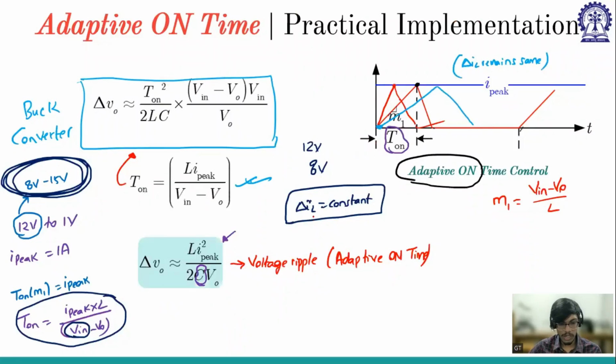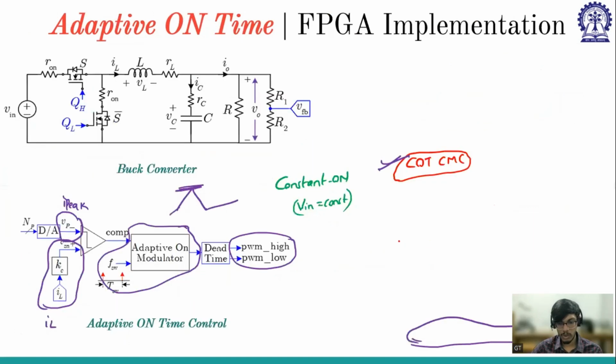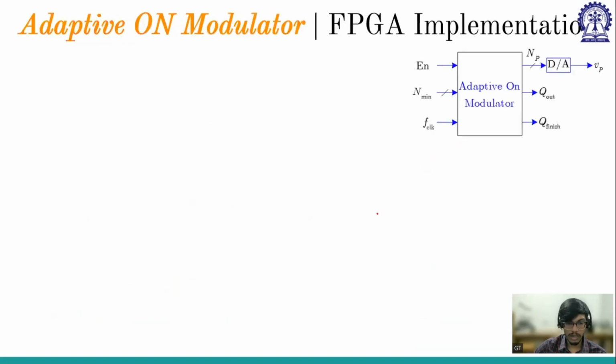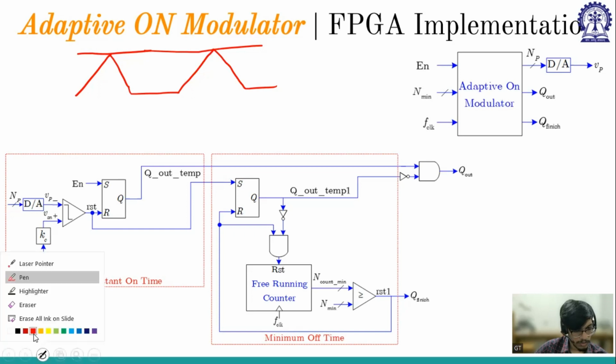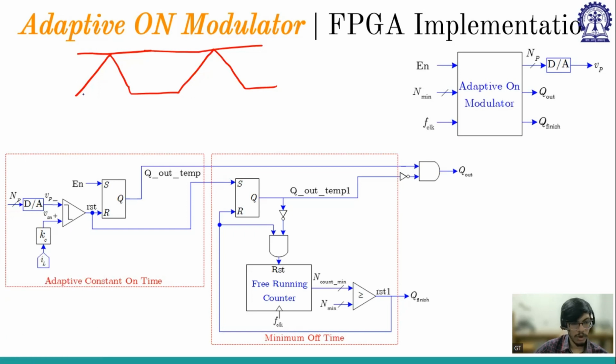Okay. Now that being clear, we came into this adaptive on modulator. So constant on time and minimum off time. So if we draw the constant on time, in the case of constant on time, the on time is constant, right?